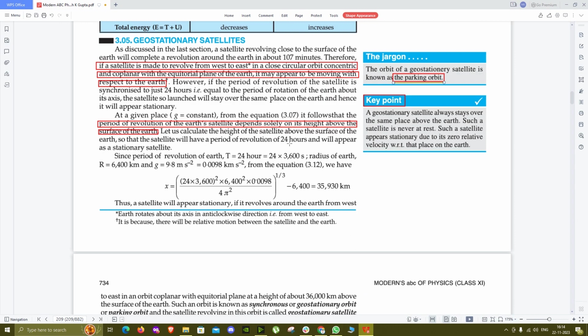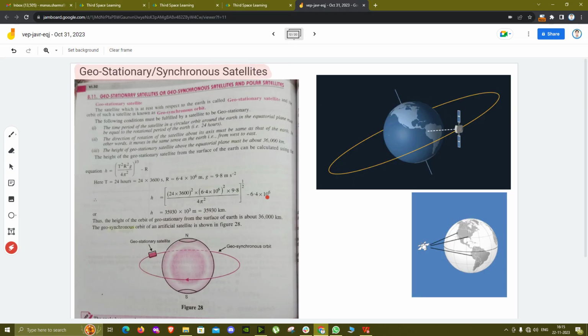Now, as we have already discussed, the time periods of revolution of Earth and satellite have to be the same. Now, we have studied in the previous lecture that the height of the geostationary satellite above the equatorial plane must be about 36,000 kilometers.